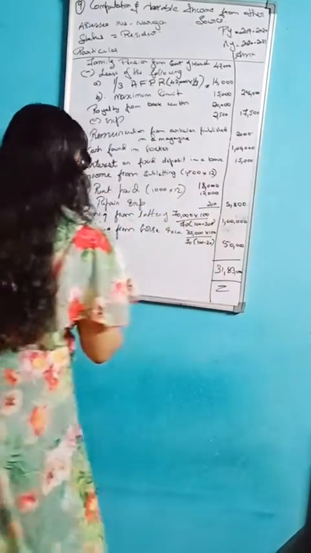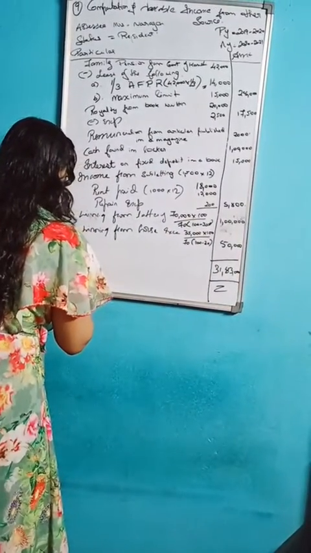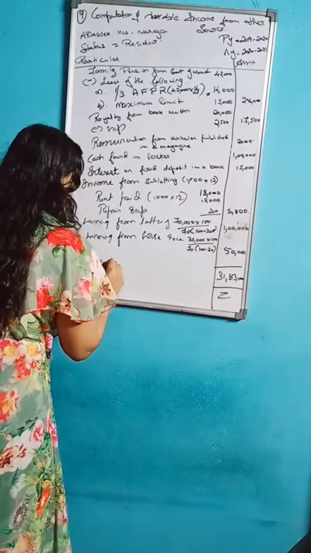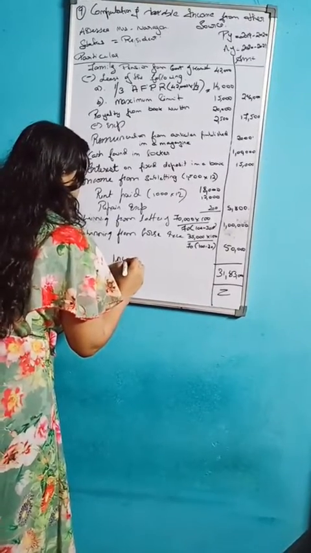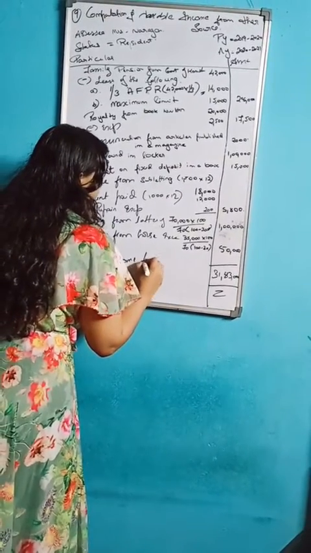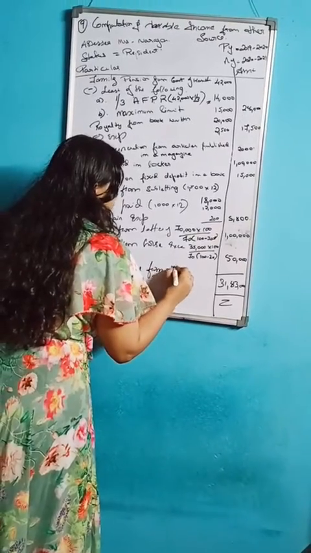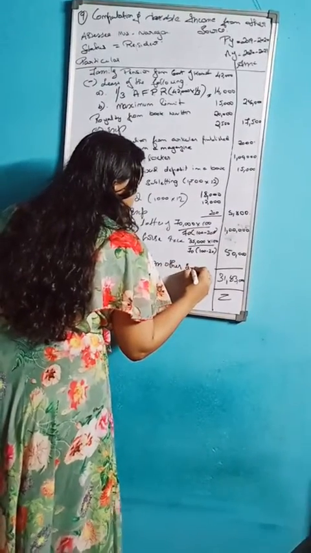So here, taxable income from other source.